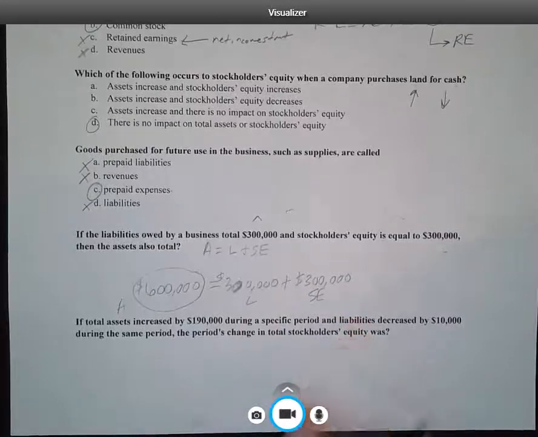One more question and then we'll end this video. It says right here, if total assets increased by $190,000 during a specific period and liabilities decreased by $10,000 during the same period, the period's change in stockholders' equity was.